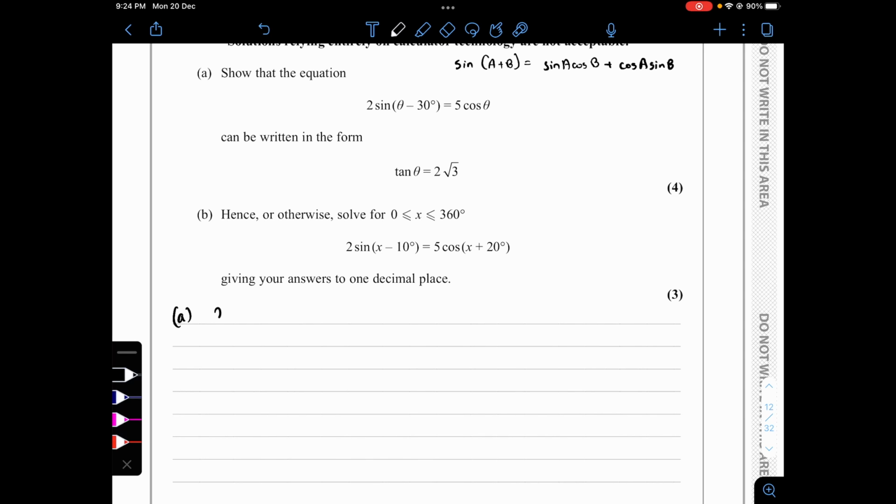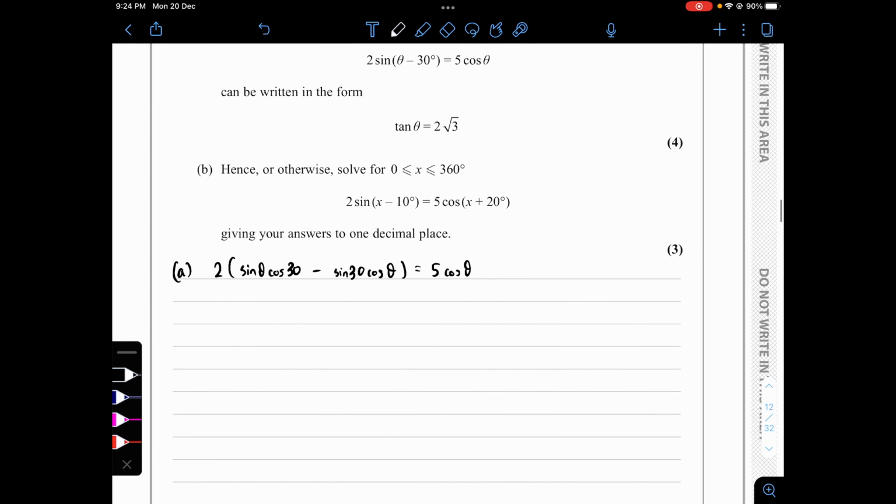So this will be sine theta cos 30 minus sine 30 cos theta equals 5 cos theta. Now cos 30 is root 3 over 2, so this is sine theta multiplied by root 3 over 2, minus, so sine 30 is a half, cos theta equals 5 cos theta.